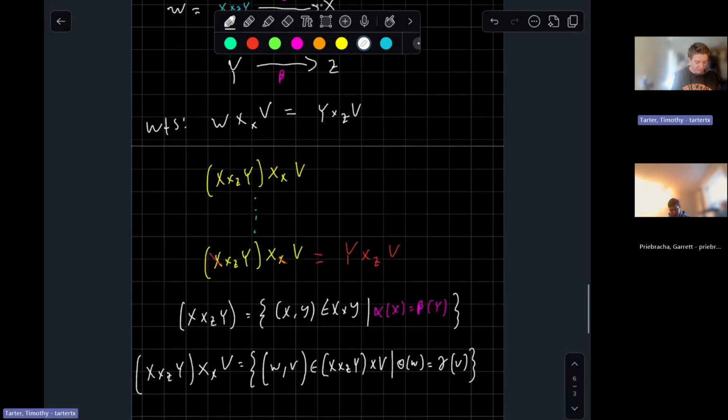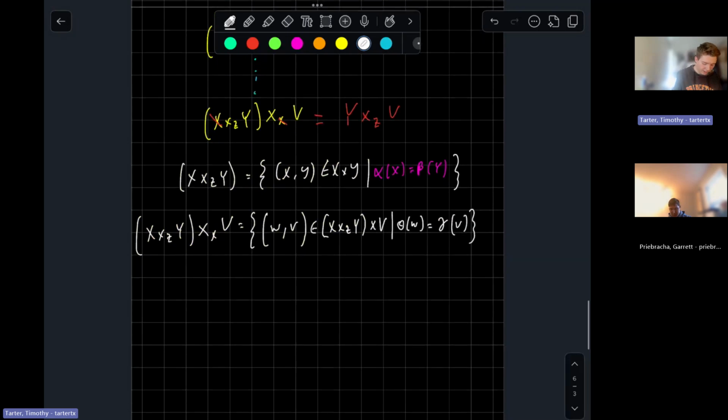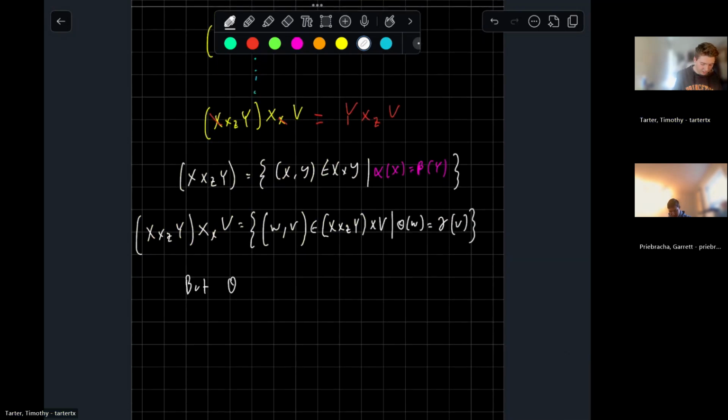Well, what's theta of W? Theta of W is theta of pairs of XY. It's pi x now.